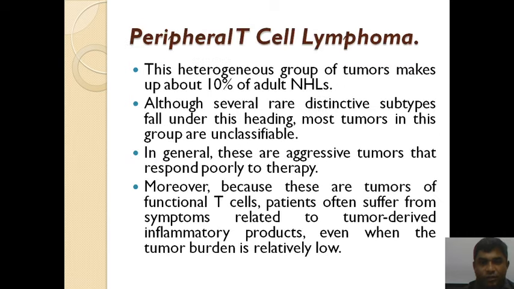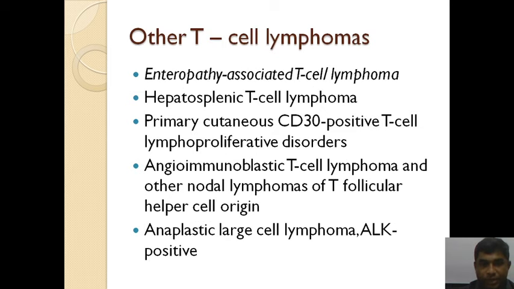PTCL or peripheral T-cell lymphoma is a heterogeneous group of disorders, and this includes different subtypes. Mostly they are aggressive, poorly responding to therapy. Other specific subtypes include enteropathy associated T-cell lymphoma, which occurs usually in a background of celiac disease, and hepatosplenic gamma delta T-cell lymphoma, which is again a very aggressive disease involving the liver and spleen, seen in young individuals with a very poor prognosis.